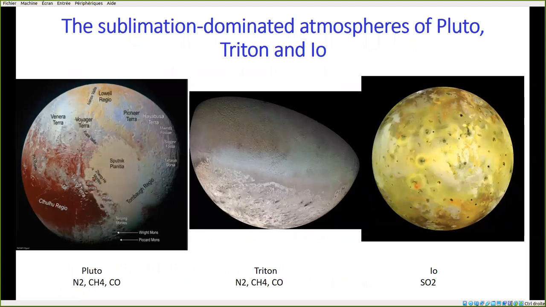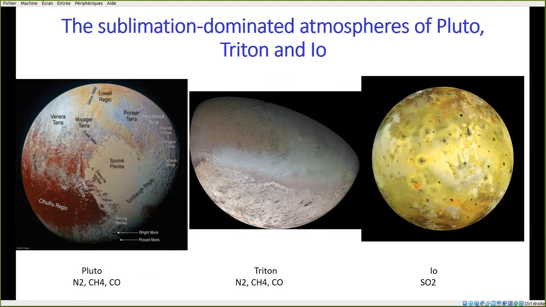Okay, so now for the rest of the talk, I will focus on the three densest of the tenuous atmospheres of the solar system, namely those of Pluto, Triton, and Io. These atmospheres are sublimation driven in the sense that the surface ices are entirely or predominantly the immediate source of the atmosphere.